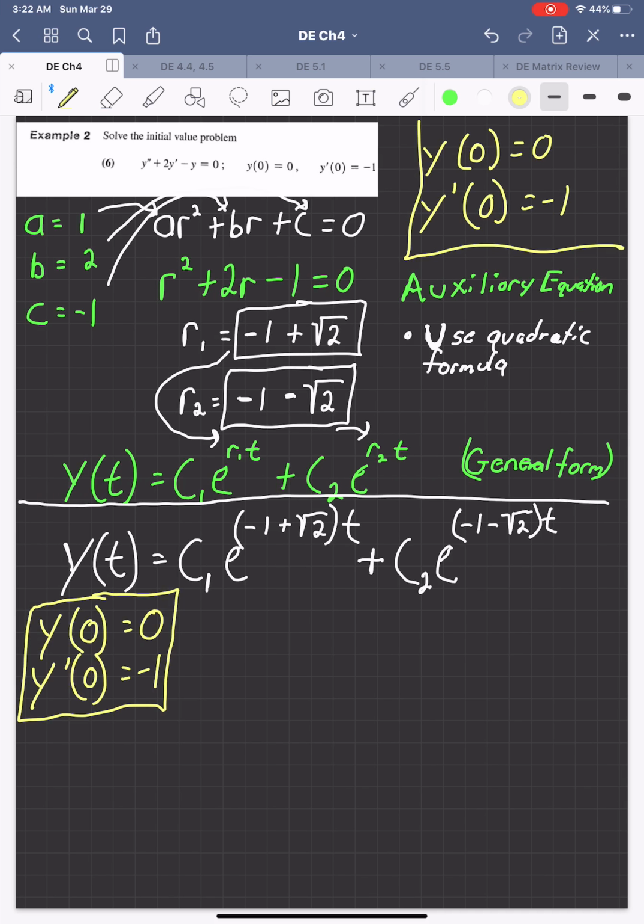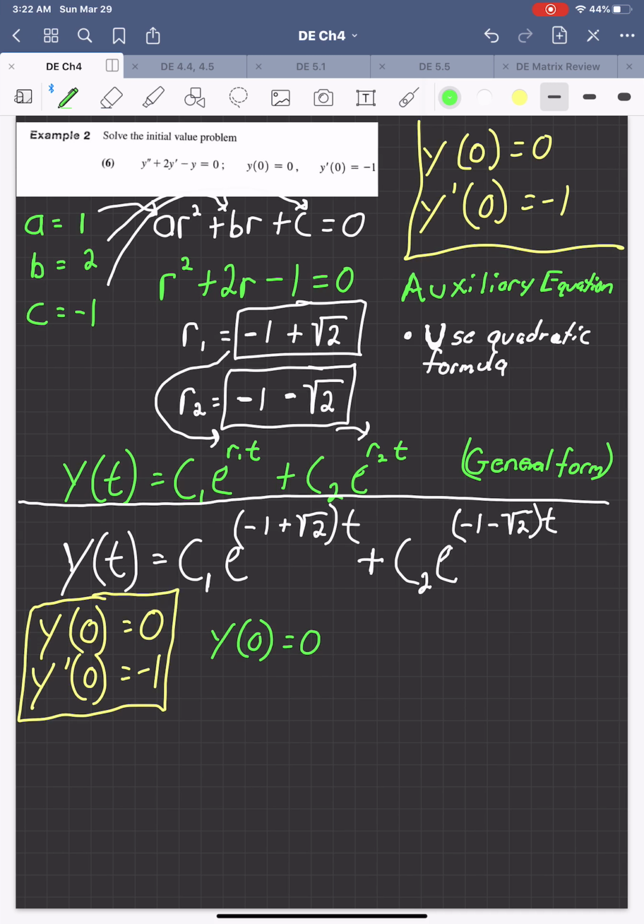So let me go ahead and start with y of 0 is equal to 0. Okay, now how do you interpret that?